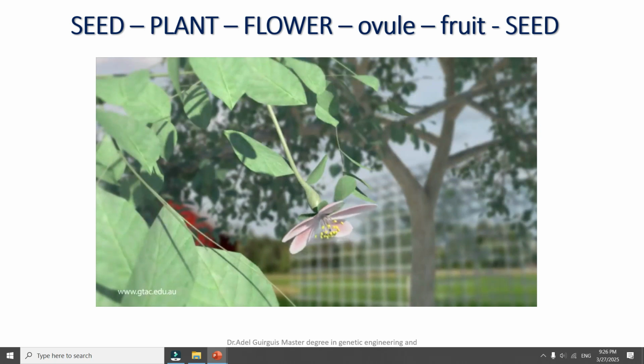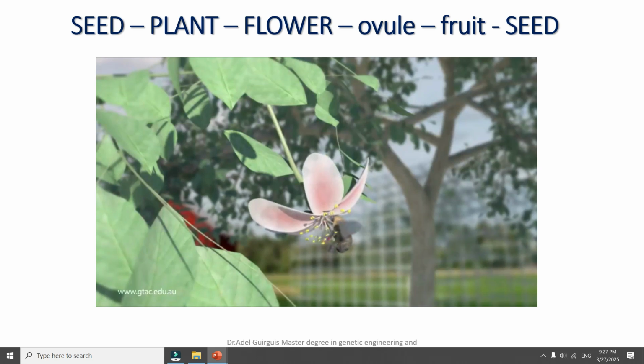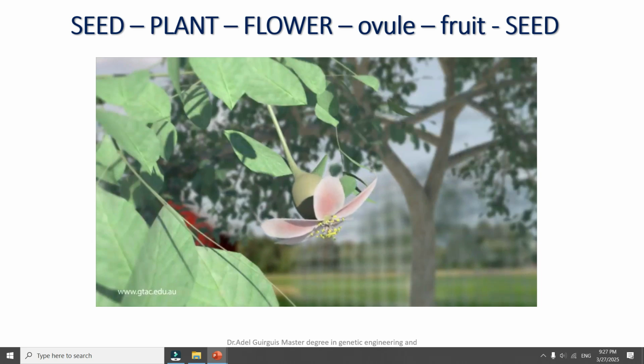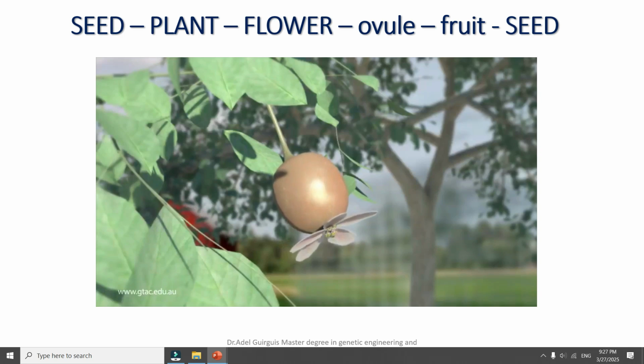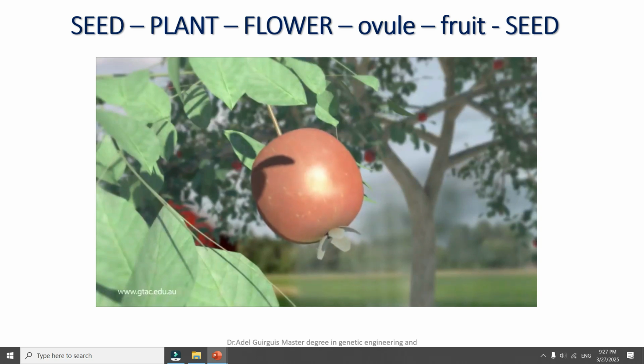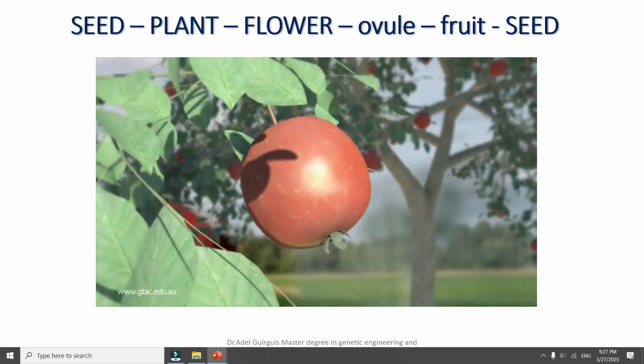It produces flowers pollinated by any means, like insect pollination, where pollen grain is transferred. Then what happens to the ovary inside? It swells and forms fruit. Inside the fruit are many seeds, one or more seeds.